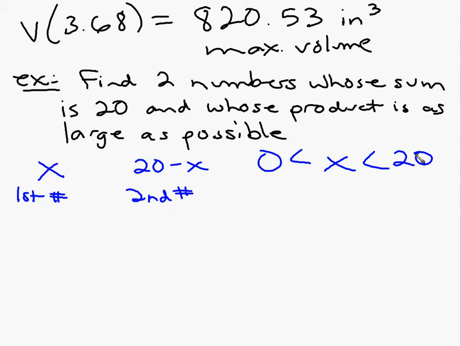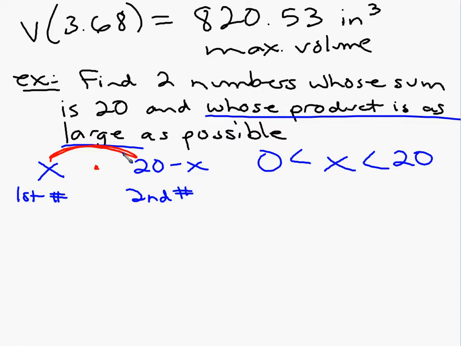Now, whose product is as large as possible? That should be our guiding force, because isn't that telling us what we want the maximum of? We want the product of these two numbers.